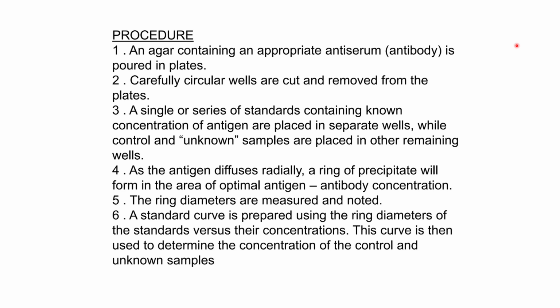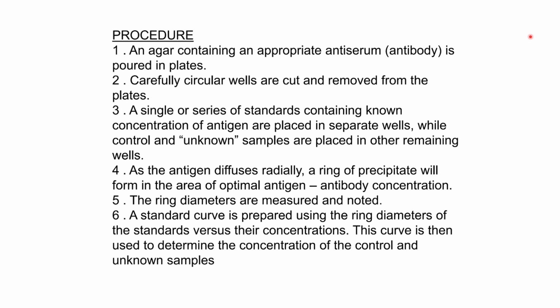The procedure is as follows. Agar containing an appropriate antiserum antibody is poured in plates. Circular wells are cut and removed from the plates. Then a single standard or a series of standards containing known concentrations of antigens are placed in separate wells, while the control and the unknown samples are placed in the other remaining wells.